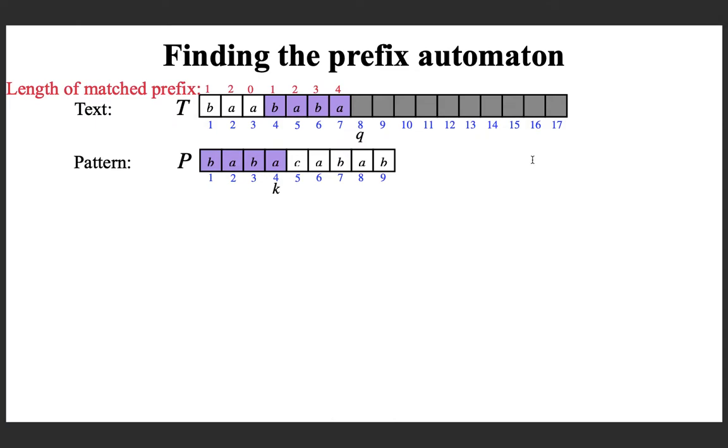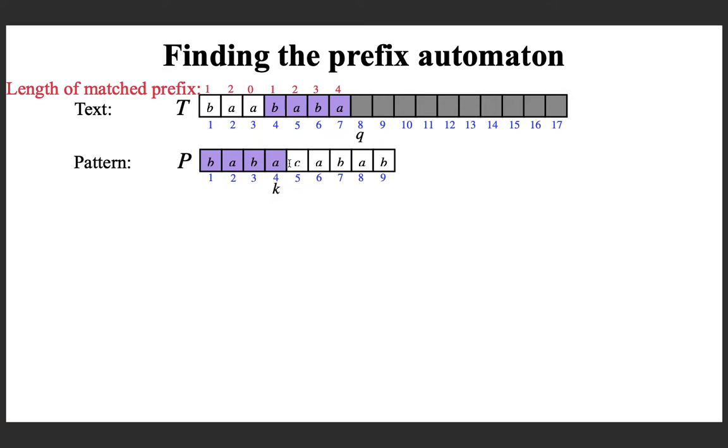We were trying to understand how that algorithm finds the prefix automaton. If you recall what we did in the previous lecture, we observed that the states of the required automaton are the lengths of the prefixes of the pattern.